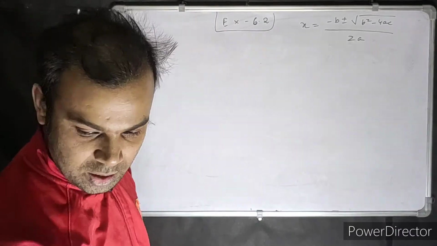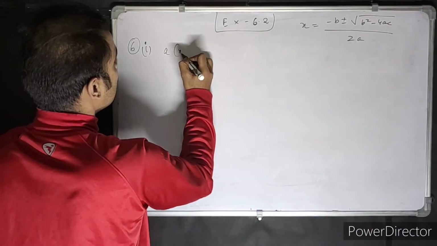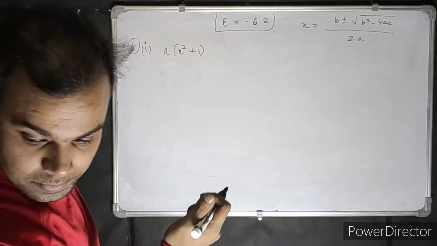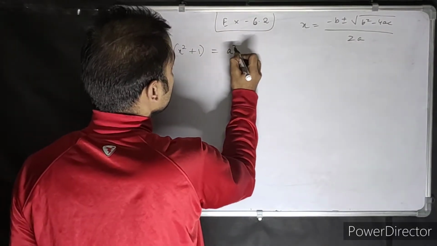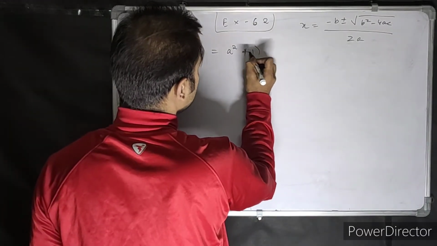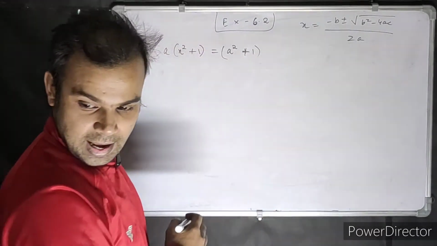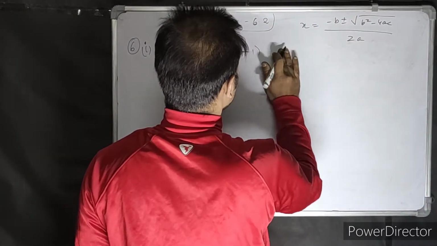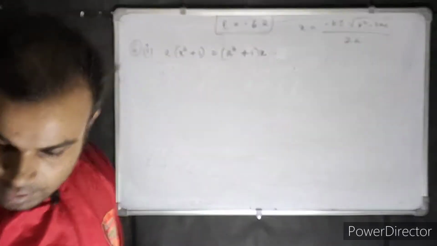So question number 6 part 1, this also you have to solve by using the quadratic formula. It is equal to a square plus 1, and plus 1, this is x, right?